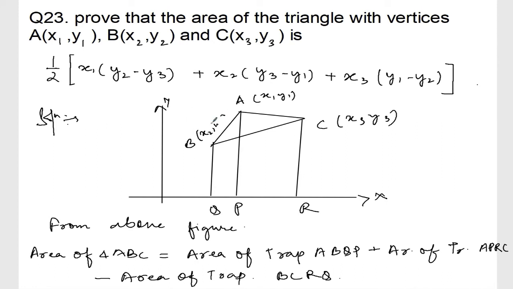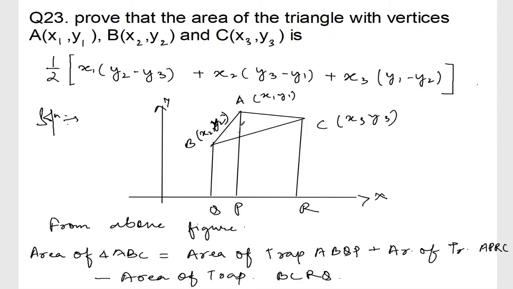So I can write down first the area of triangle ABC. Area of triangle ABC is equal to half into area of trapezium ABQP. What is the area? You add the parallel sides and multiply by QP.